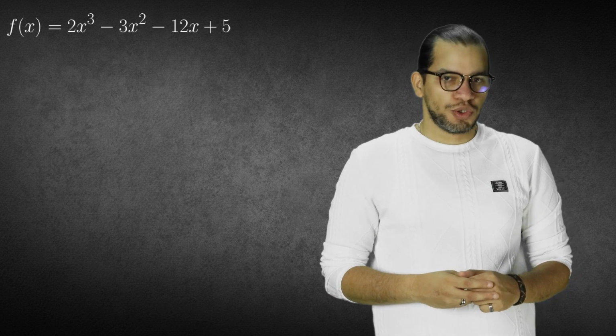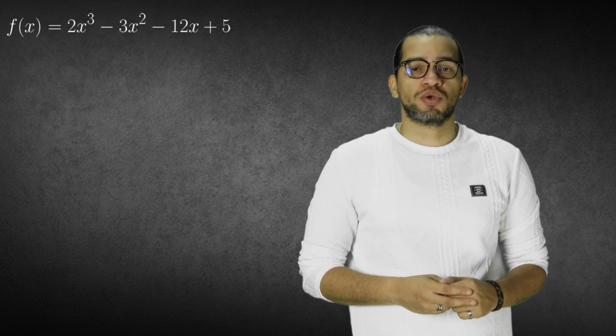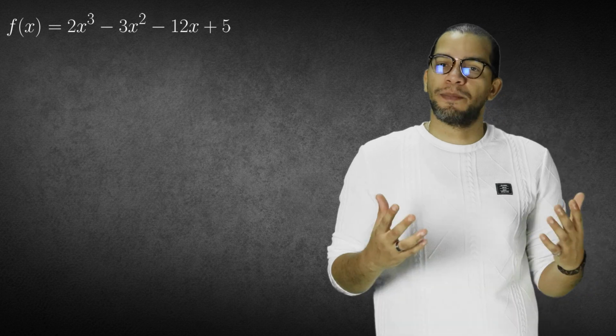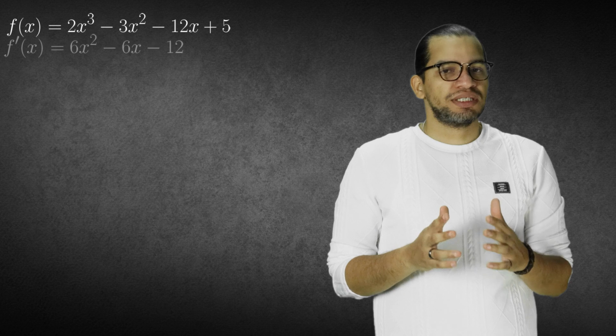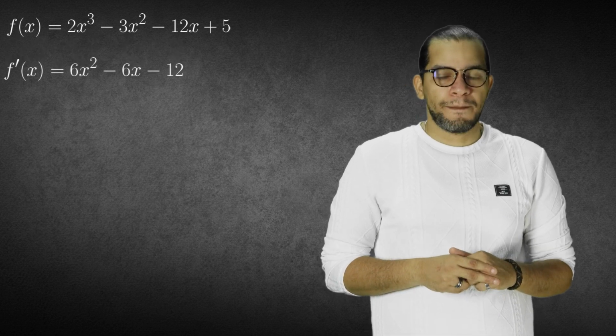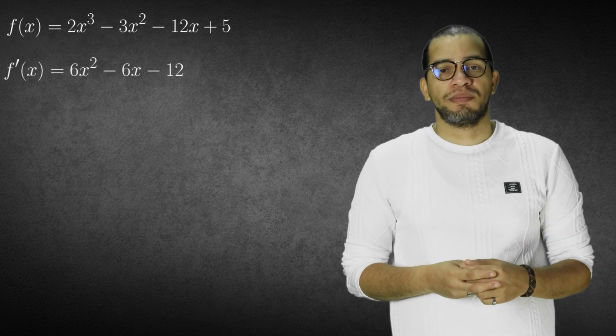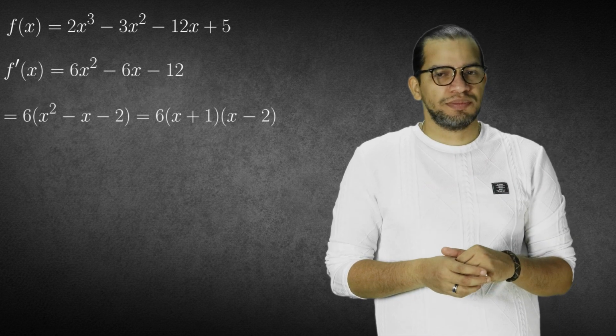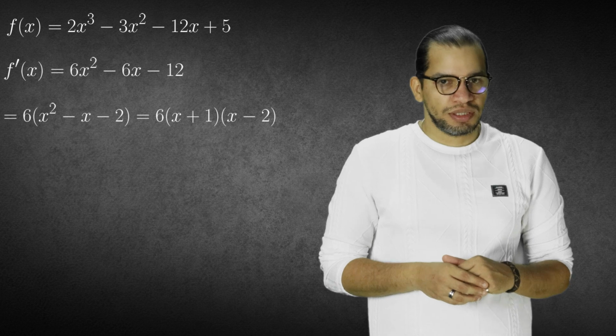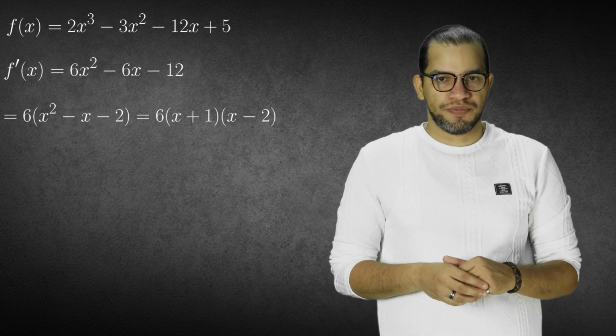Consider the function f of x equals 2x cubed minus 3x squared minus 12x plus 5. Then its derivative is 6x squared minus 6x minus 12, which can be factored as 6 times x plus 1 times x minus 2.